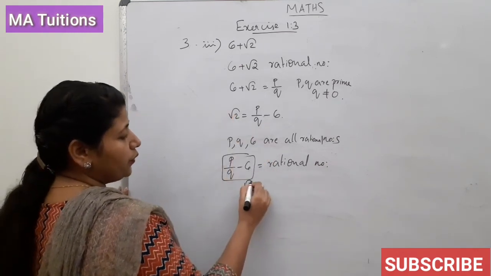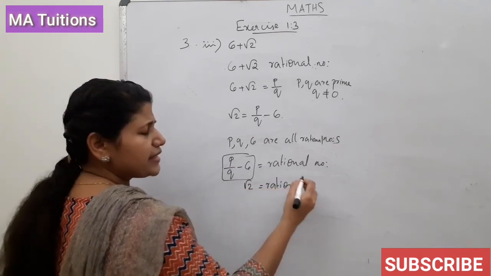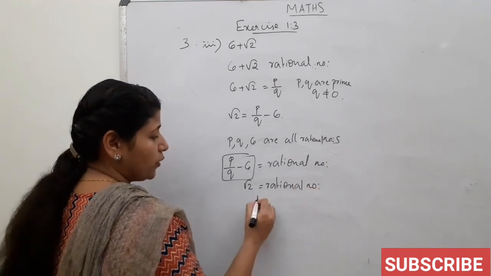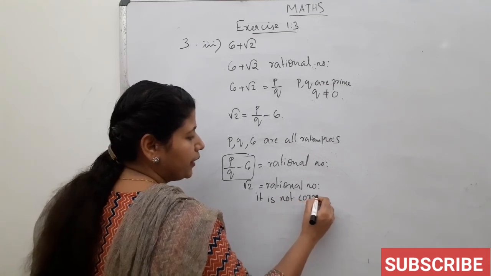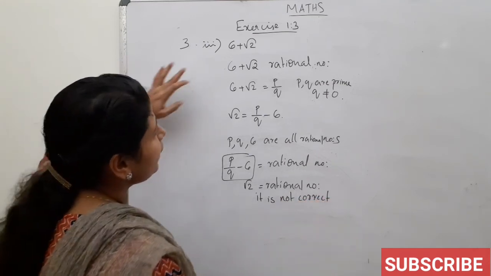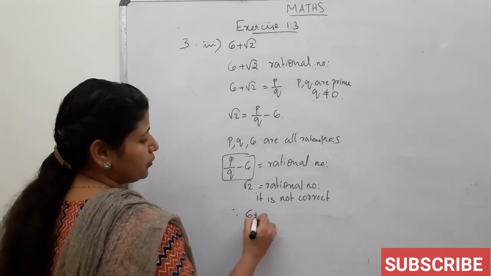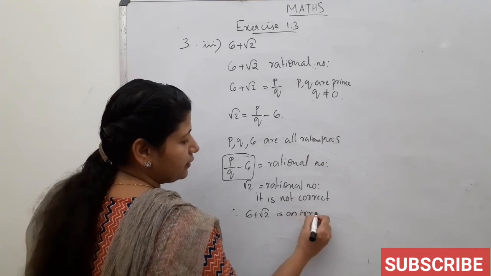It is root 2. So root 2 is a rational number. All the questions are done in the same manner. This is not correct. It happened due to our assumption that 6 plus root 2 is rational. So we can write 6 plus root 2 is an irrational number.